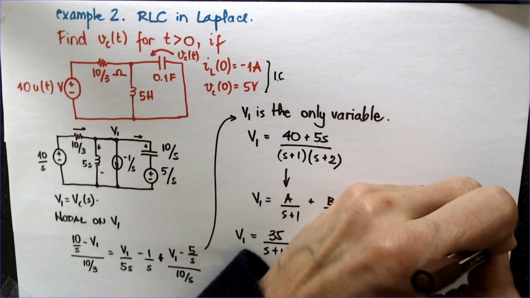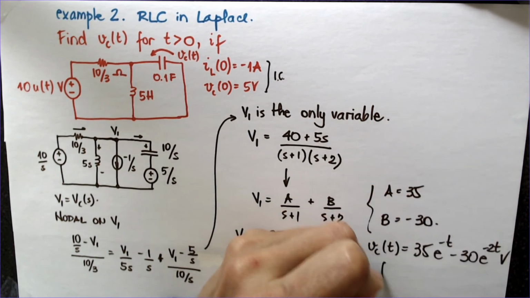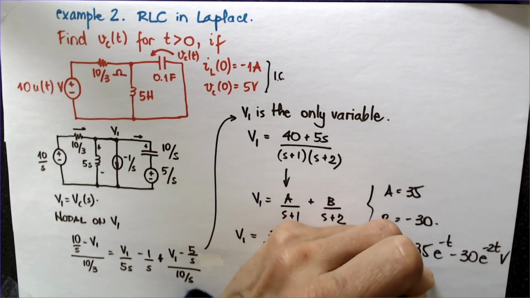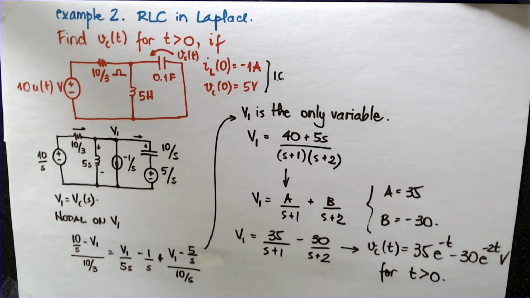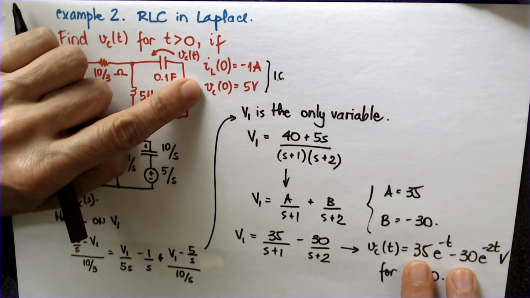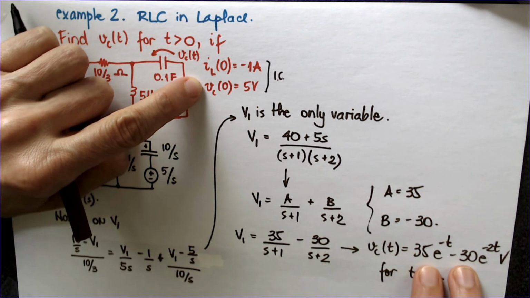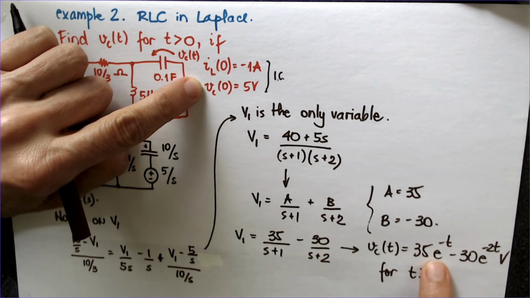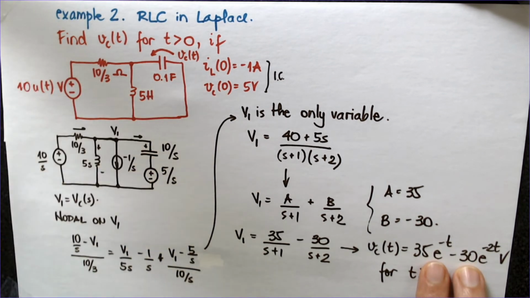So now I'm going to do the inverse transform, of course, which is 35 e to the minus t minus 30 e to the minus 2t, and this is only valid for t larger than 0. Here I'm explaining how I should check that this complies with the initial condition on the capacitor. So here you see how this does make sense.